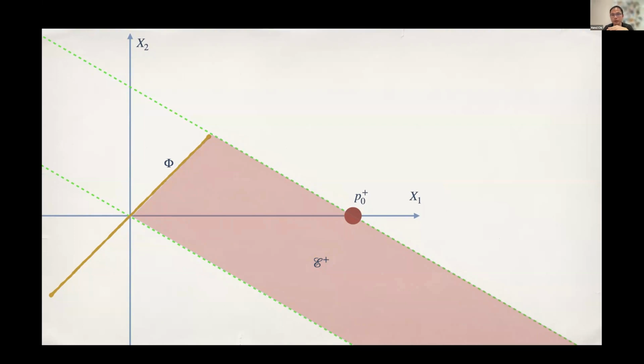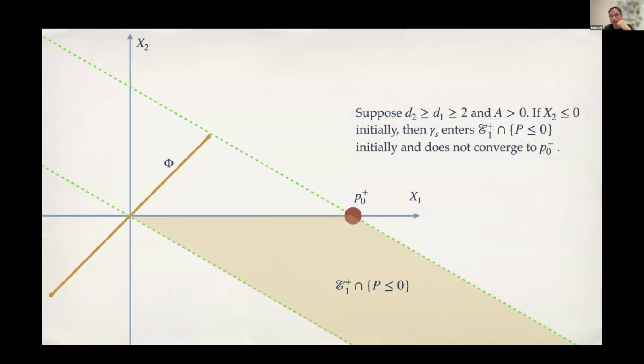And then we further divide this set in two parts. The first part is where X2 is negative and P is less than 0. We realize that no matter what D1, D2, and A are, the quantity A actually does not control how P equals 0 and Q equals 0 intersect.